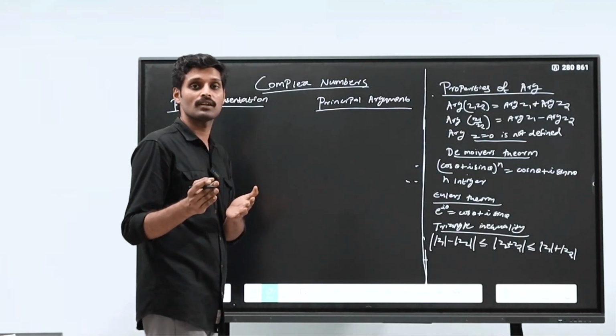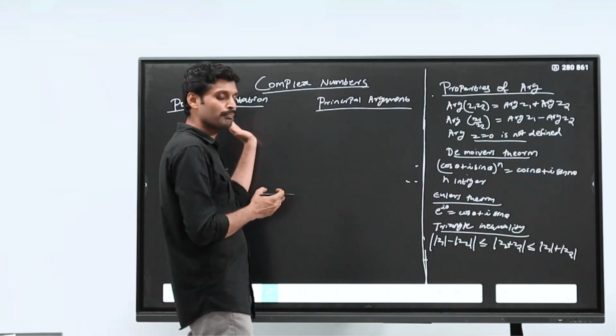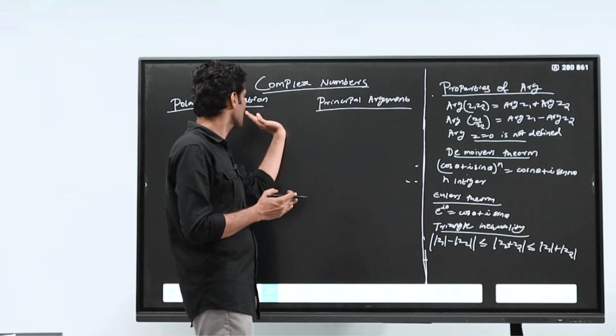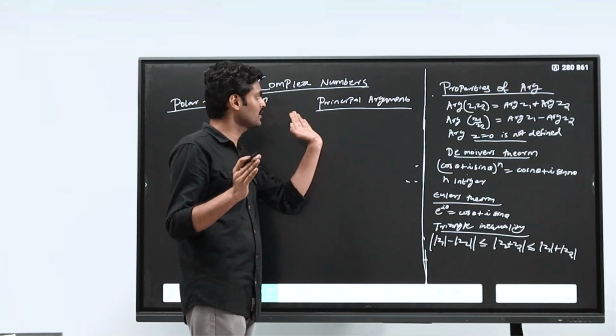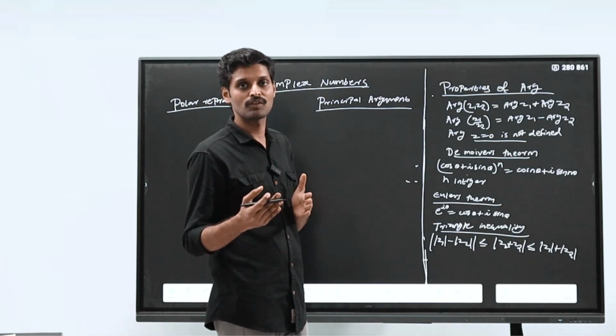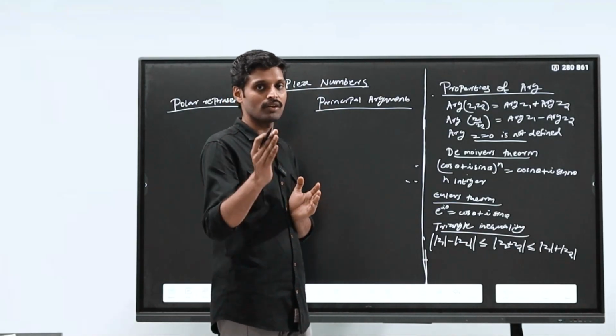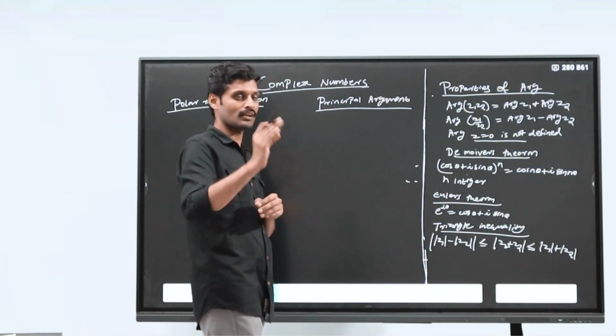We already expressed the complex number in an Argand plane. So we need to represent it in polar coordinates, and we need to find the principal argument value of complex numbers. So we are dealing with those two topics right now.